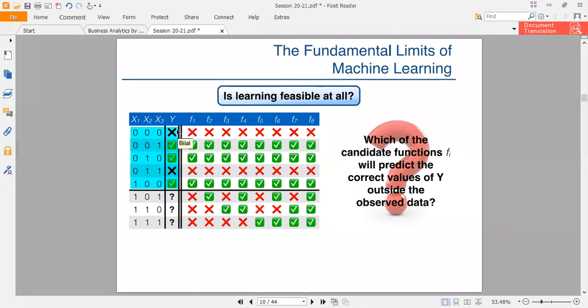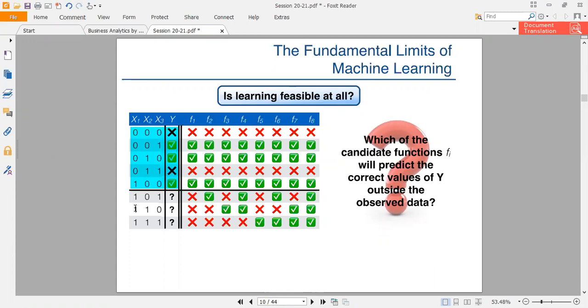So this is just an example. You had 3 inputs; if all of them were zeros, then a cross came here. If x3 was 1 and the first 2 were zeros, then a yes came here, and so on for the next 3 outcomes, right?